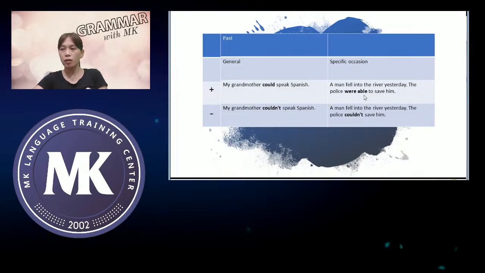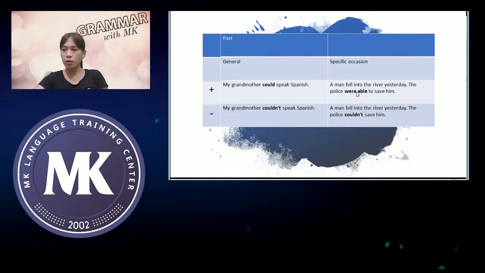Because could as a general, it is only the past tense of can. So if you're using it in a positive sentence, for the past tense, we can only use were able to.